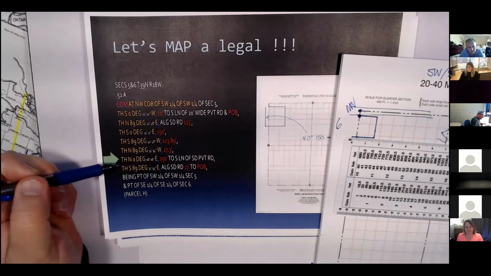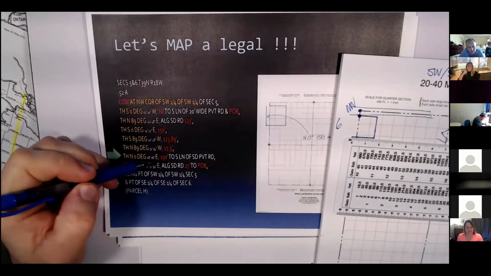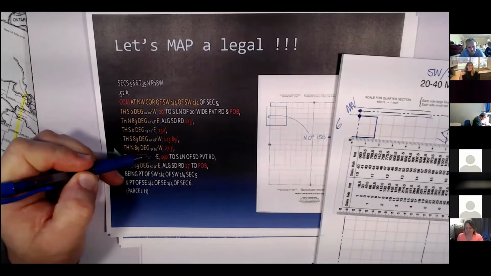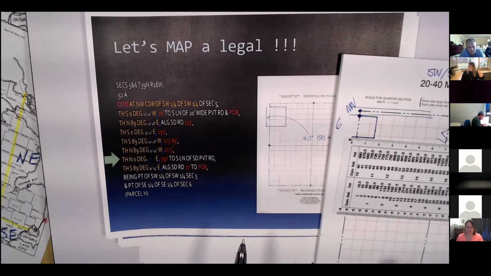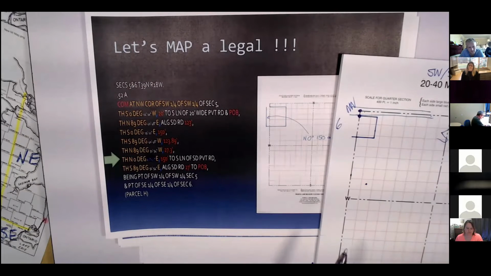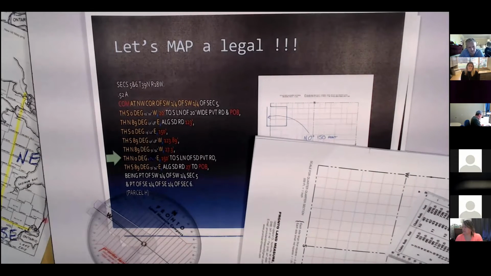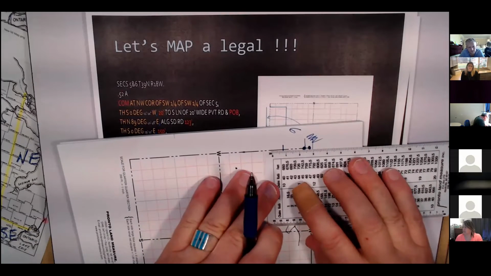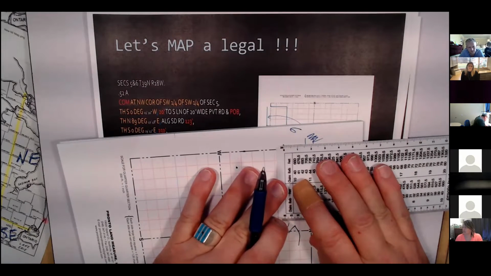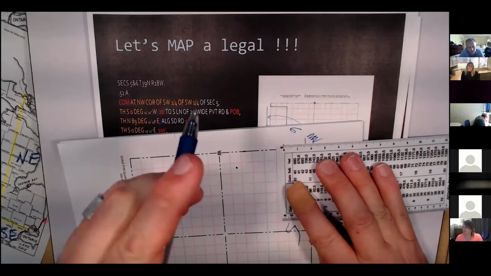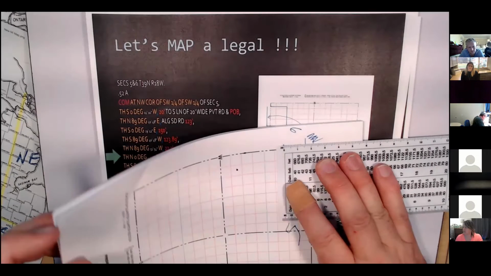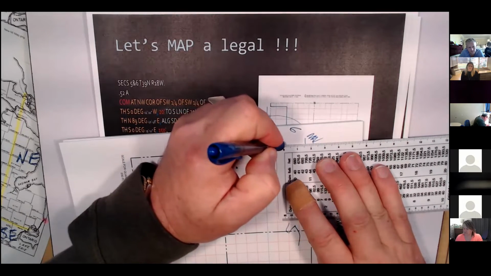Then you're going north 0 degrees. Again, you've got a little bit of minutes and seconds noise there that we can overlook for the moment. You're going 150 feet to the south line of that private road.